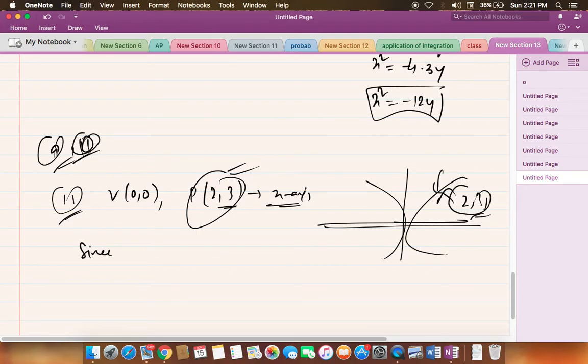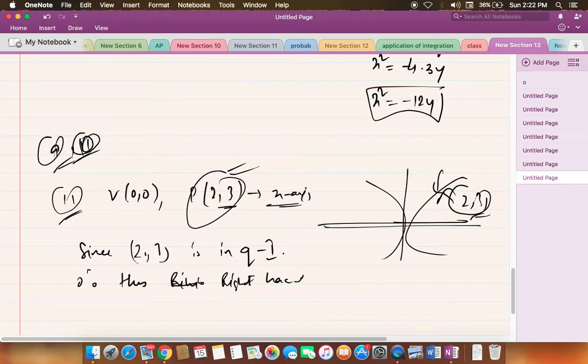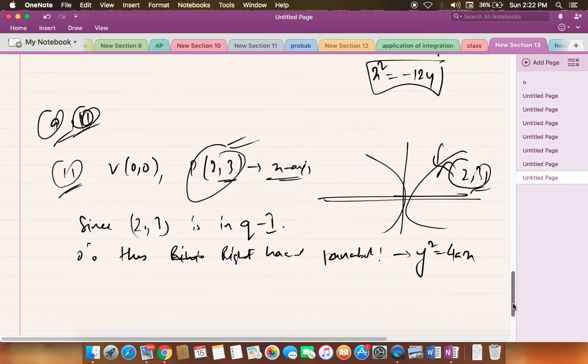Since 2 comma 3 is in quadrant 1, this is a right-handed parabola, which is given by y square equals 4ax.